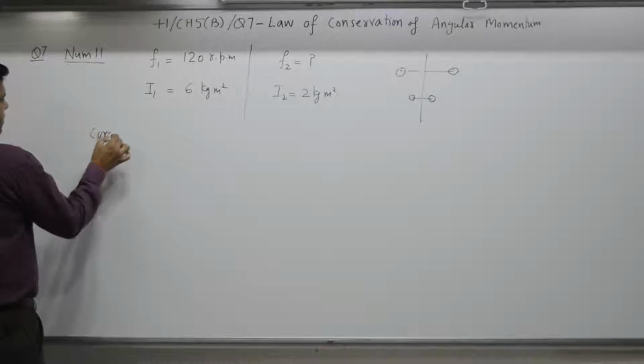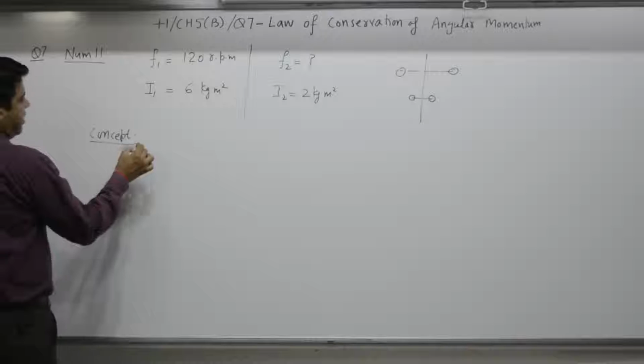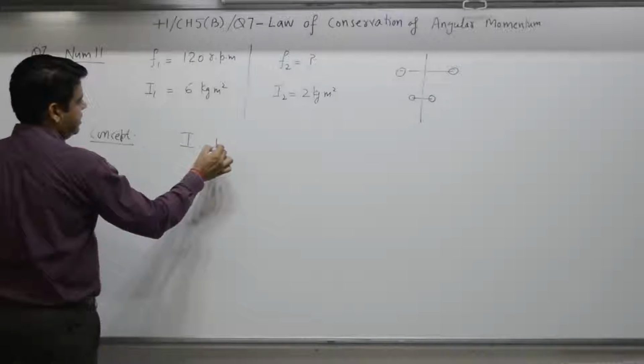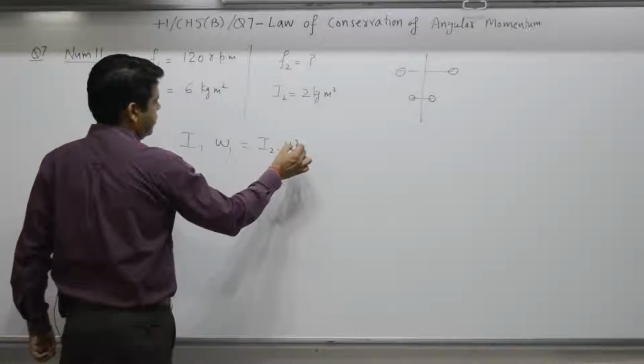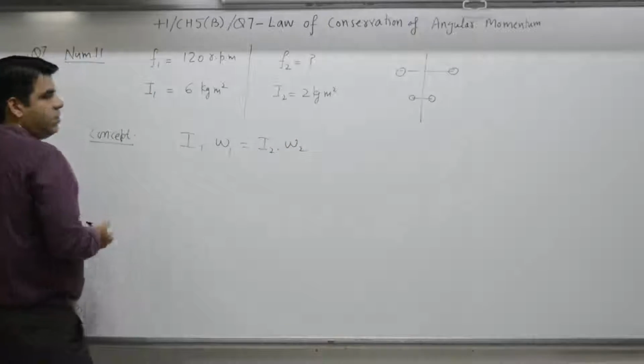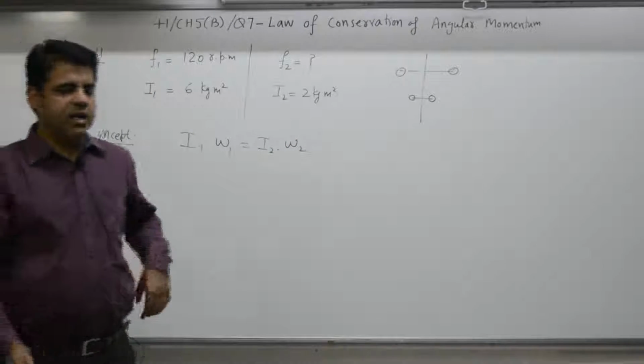Concept or the formula: I into omega remains a constant. So I1 omega 1 is equal to I2 omega 2. Solve it. Find F2.